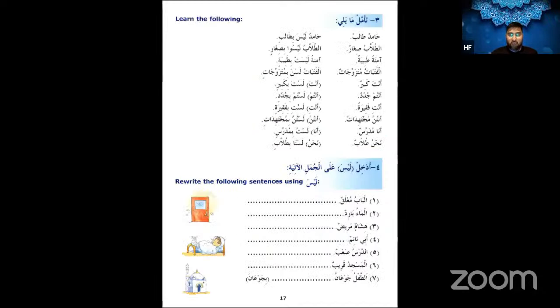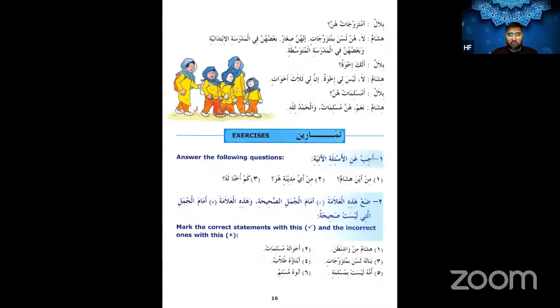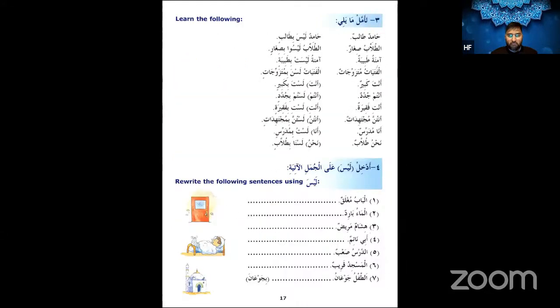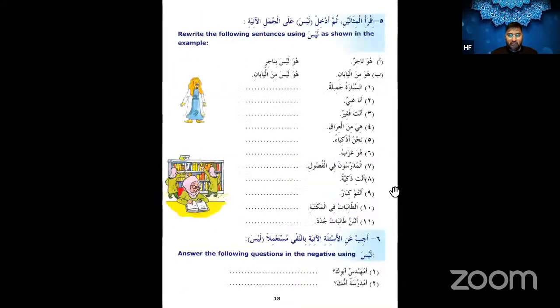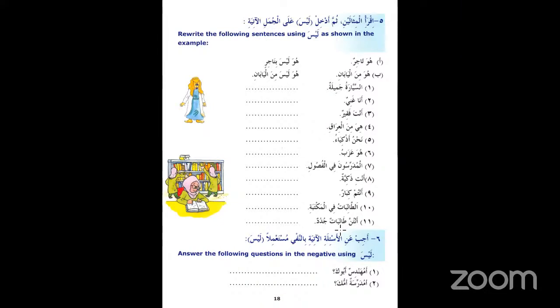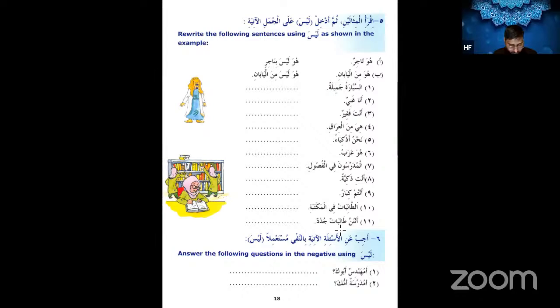Let me show you. So antunna bitalibatin. Antunna lastunna bitalibatin will be coming. Yes, that's what I was saying. So it becomes bitalibatin jududin. Yeah, jududin, correct.